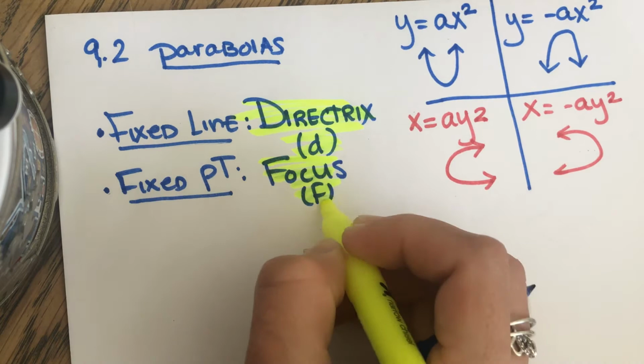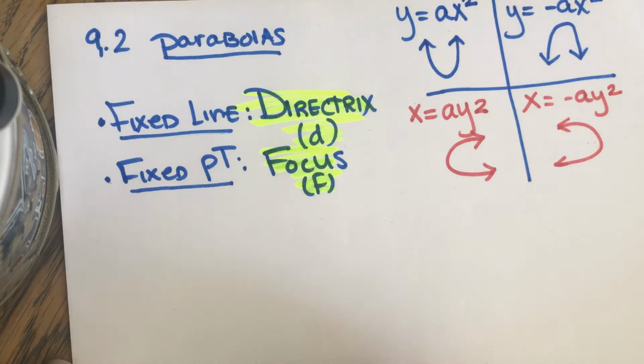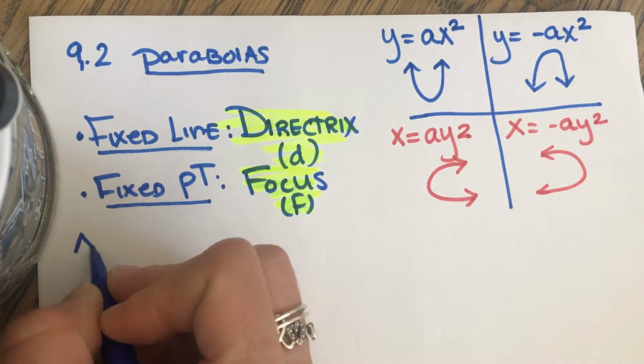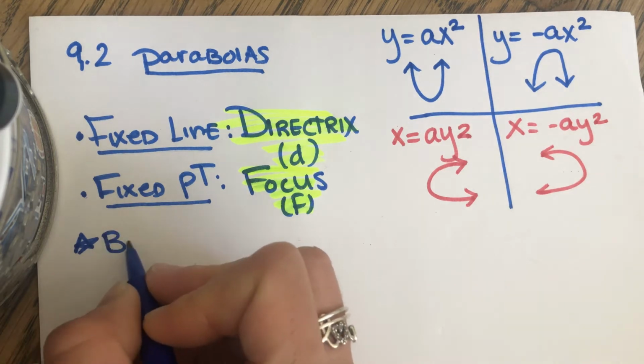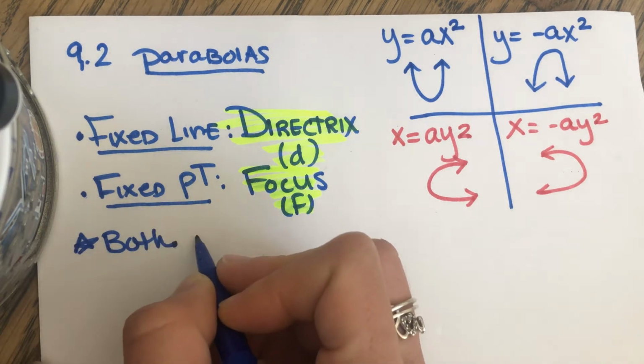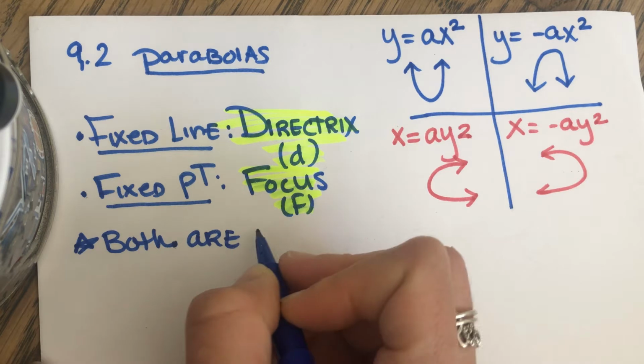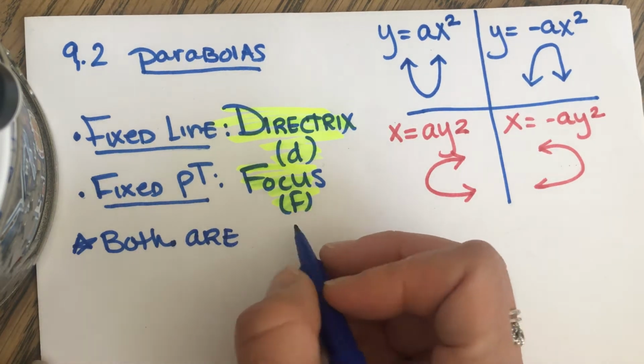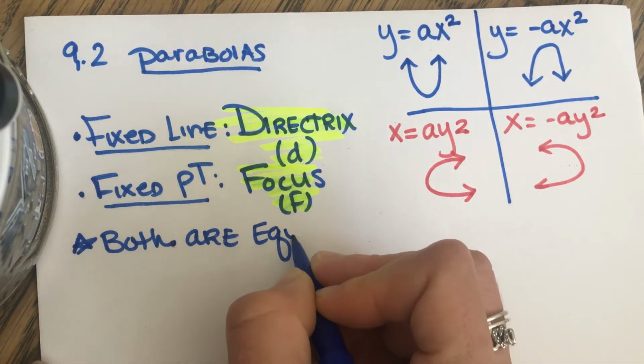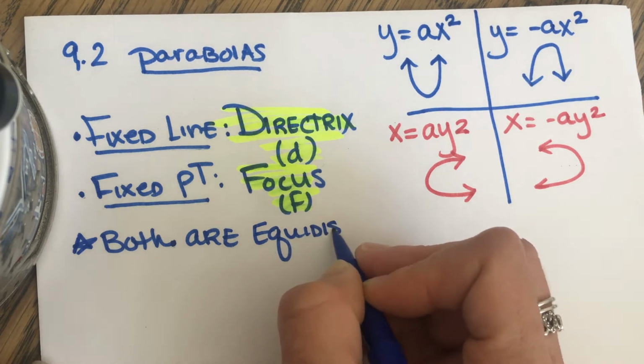Important words. Okay. Then I want you guys to put a little star here. What they are both, and you'll see how they come into play. Both are equidistant, and equidistant means equal in distance.